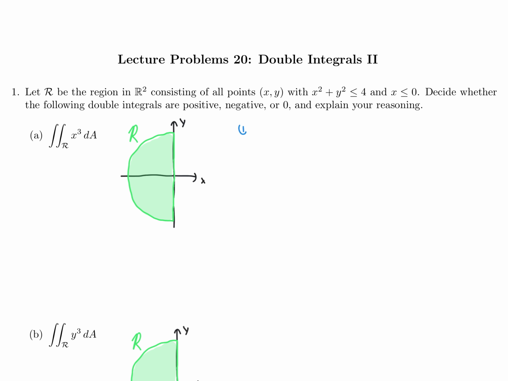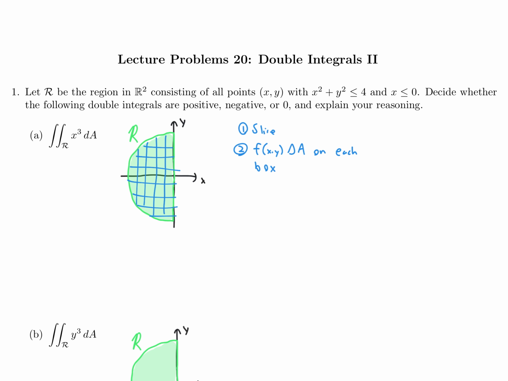So we'll start by first slicing the region into little boxes. Next, I'll imagine what happens if I multiply the value of the function f of xy times the area of each box on each one of these boxes.